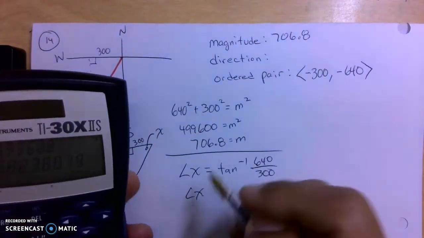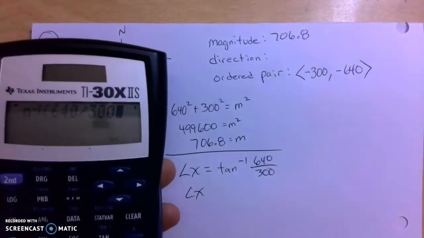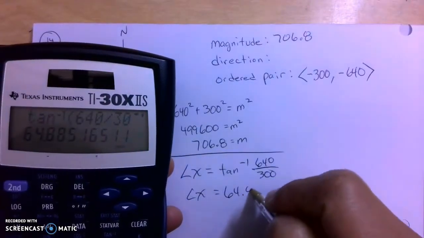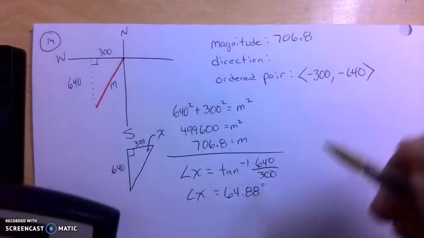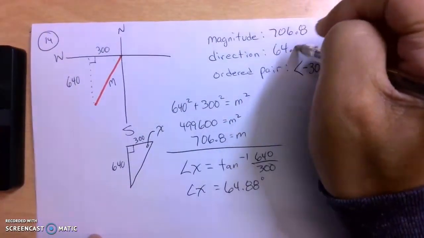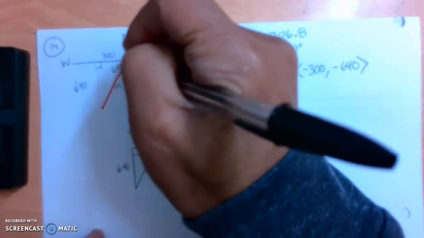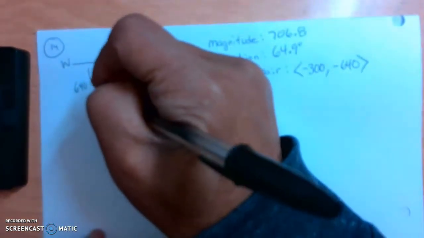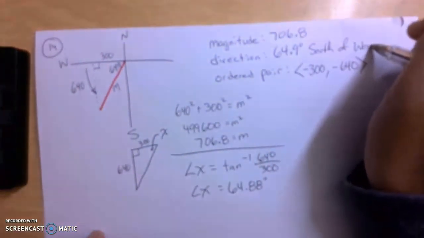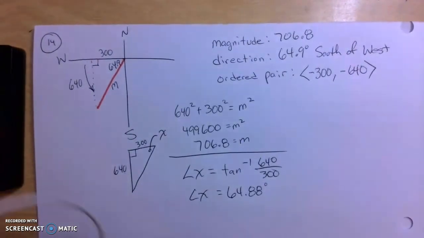As soon as the calculator tells me the answer, 640 divided by 300, inverse tangent is 64.88 degrees. So the direction here is 64 point, I'll round that to 9, and this thing is going 64.9 degrees south of west. So those are the 3 components to this vector for number 14.